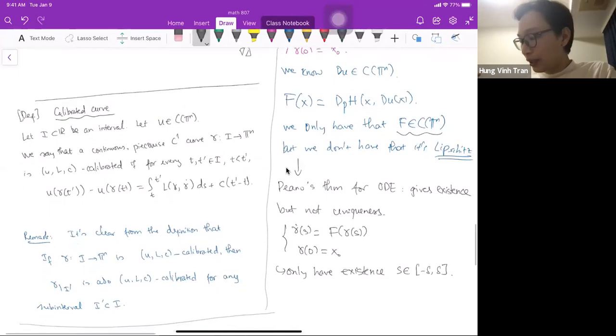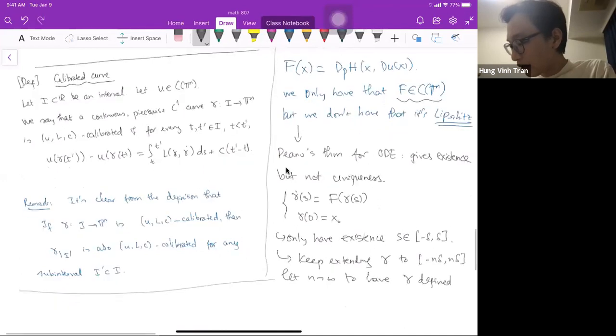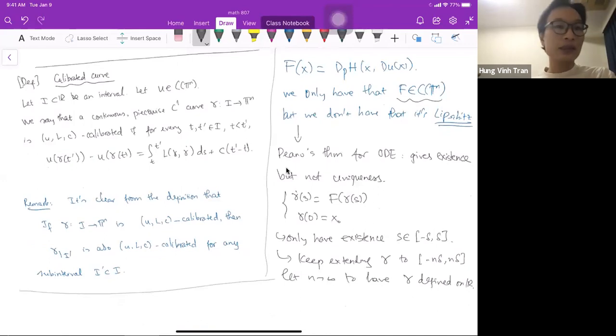So you can keep extending your ODE solution gamma to minus n delta to n delta, and let n go to infinity to have gamma defined on the whole of R. So that's the first point.